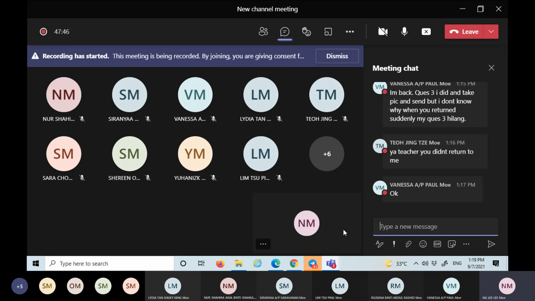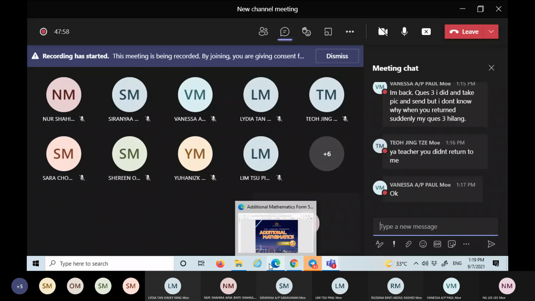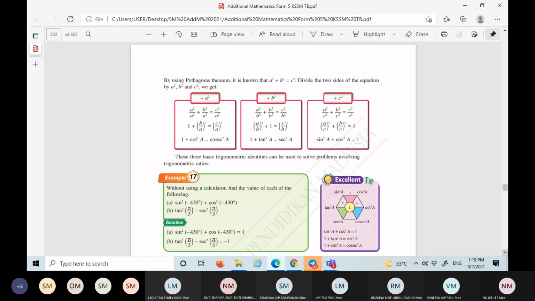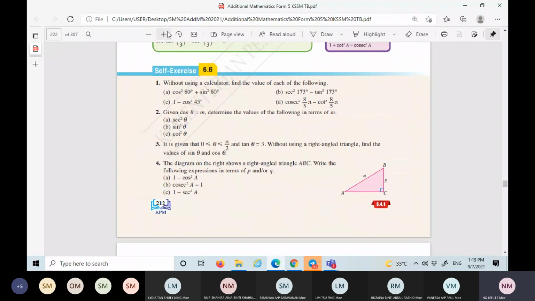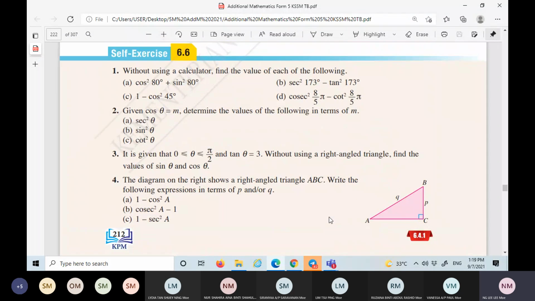We have basic identity, 6.6, page 212. This exercise. Any question you want to ask?